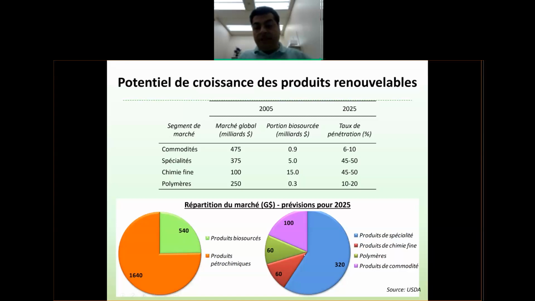In terms of different markets of chemical products, you can see that it is anticipated by 2025, 320 mega dollar or giga dollar, whatever you use, are going to be attributed to special chemicals, and 100 mega dollar or $1 million by commodity products, and less for example for fine chemicals.